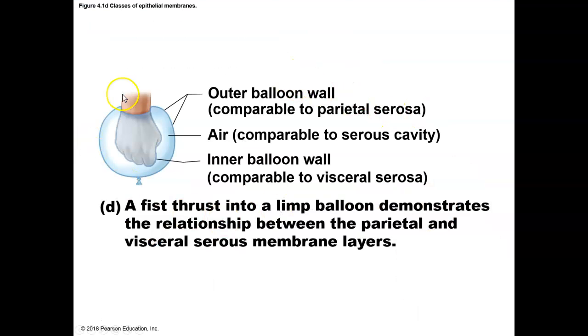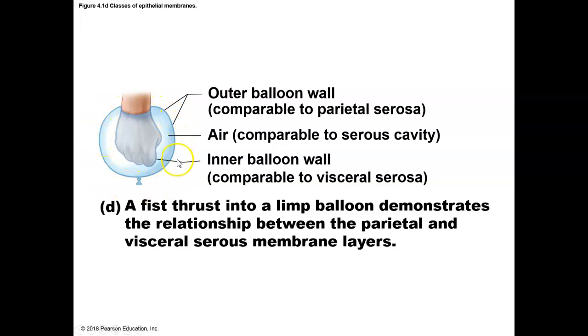So the best way to show this is by using a water balloon, or they're saying air, but I think water balloons are easier. When you take and you compress a balloon, either filled with air or water, the outer layer of that balloon is going to be like the parietal layer of a serous membrane.